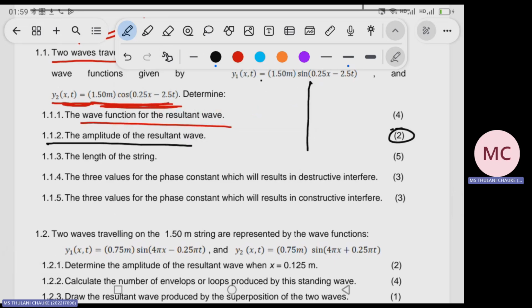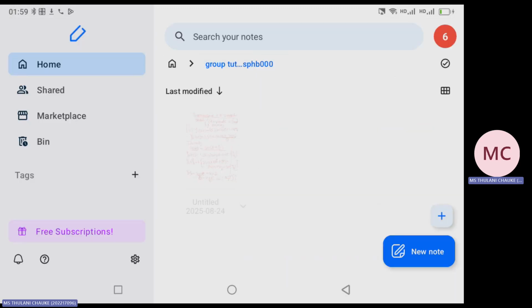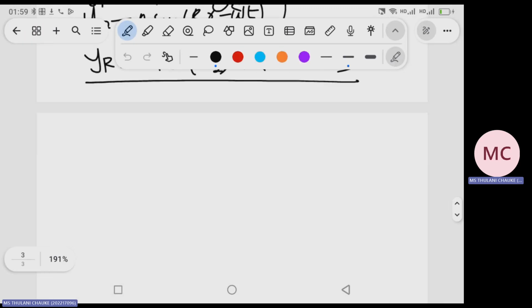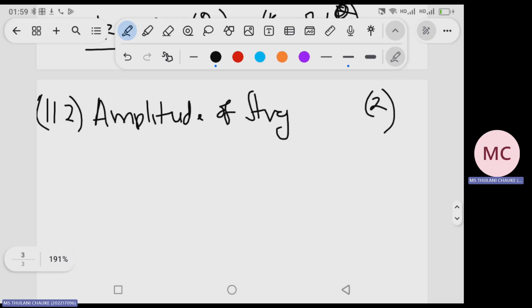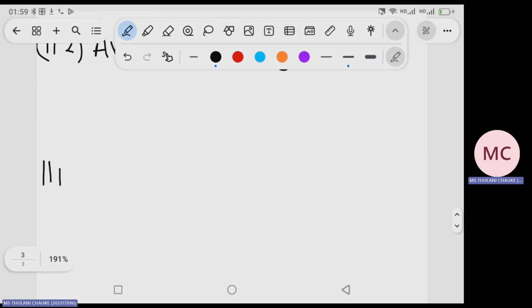So this was 2 marks, so to get that will be easy. And then next one will be the length. Let me just write these things here. So now this one wants us to calculate the amplitude of our string, 2 marks. Then the next one will want us to get the length of our string.